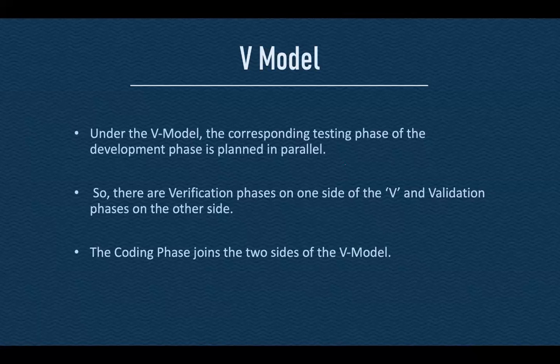The advantage of the V model is that it is very easy to understand and apply. The simplicity of this model also makes it easier to manage. The disadvantage is that this model is not flexible to changes, like the previous waterfall model it's developed from.